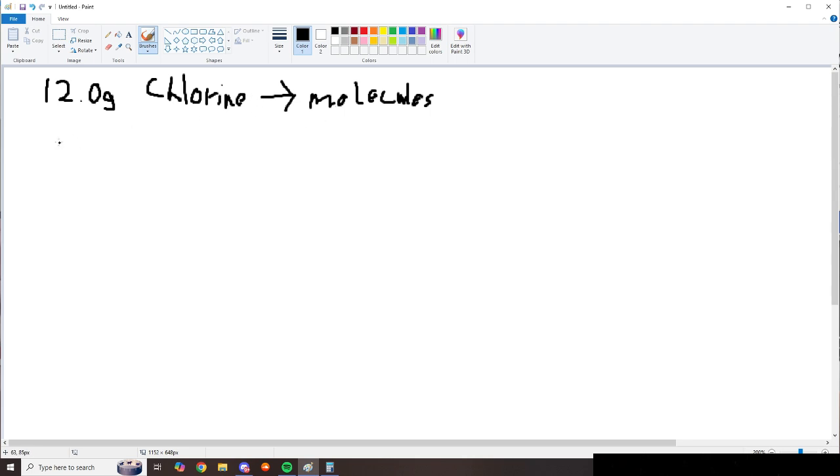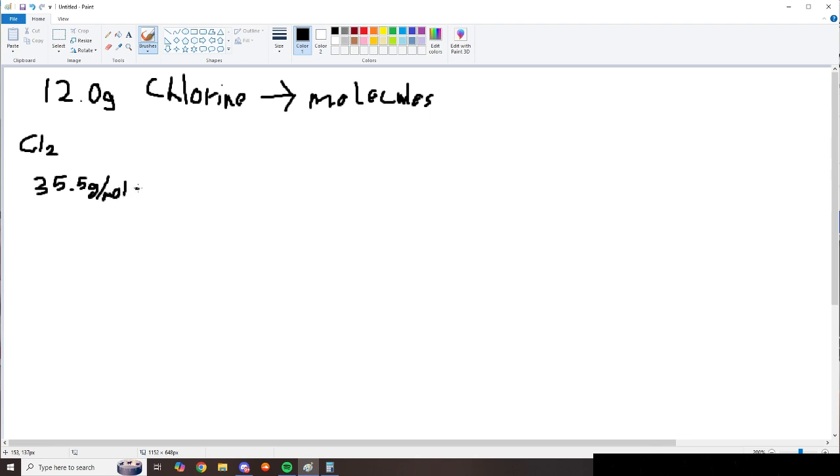So first we have to get our molar mass for chlorine. The chlorine formula is Cl2. The molar mass of Cl is 35.5 grams per mole.